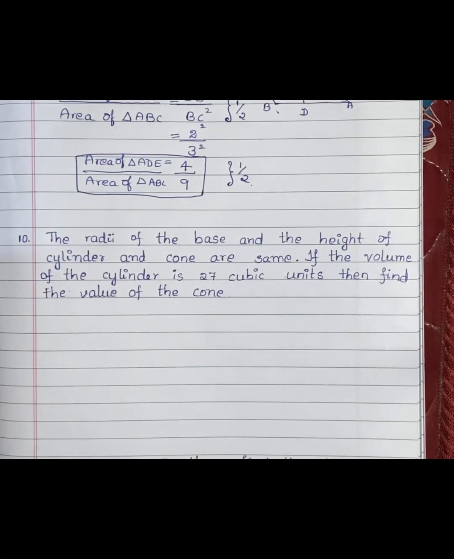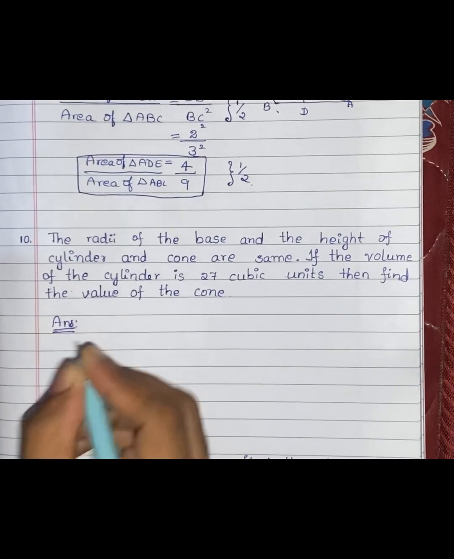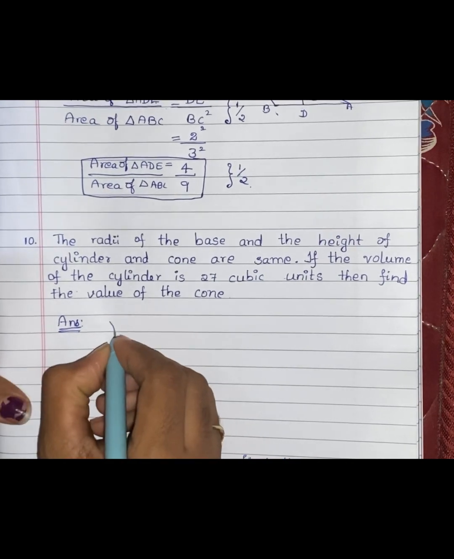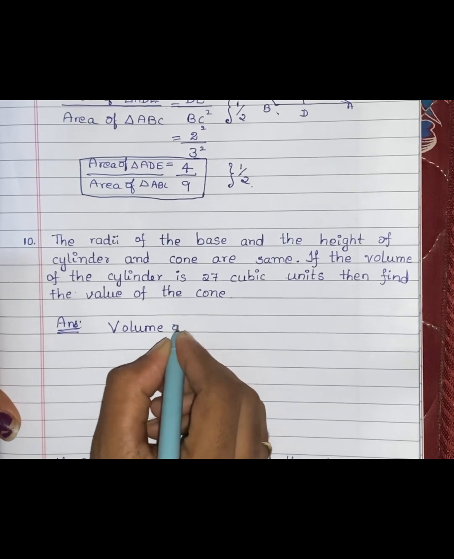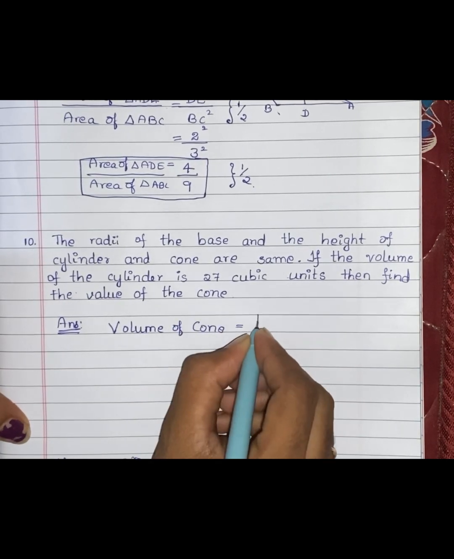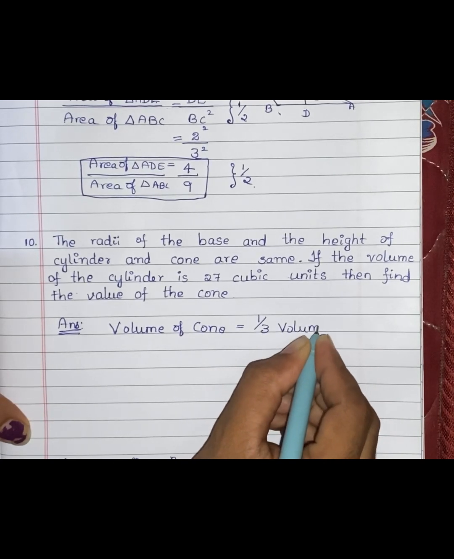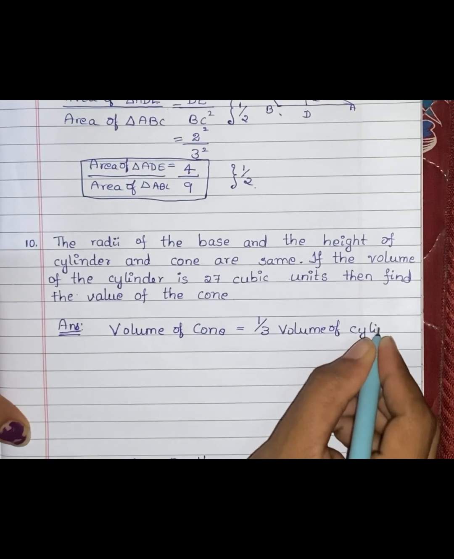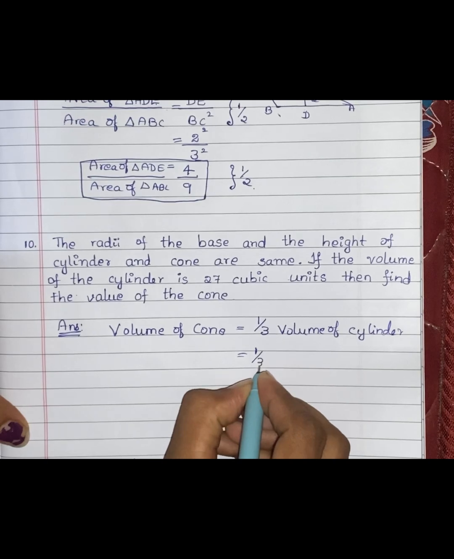Okay, so now we have one formula for this where it covers cylinder as well as cone, that is volume of cone is equal to 1/3 of volume of cylinder. Okay, so now write 1/3 as it is.